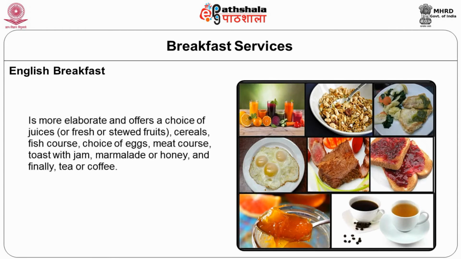English breakfast is more elaborate and offers a choice of juices, cereals, fish course, choice of eggs, meat course, toast with jam or marmalade or honey, and finally tea or coffee.